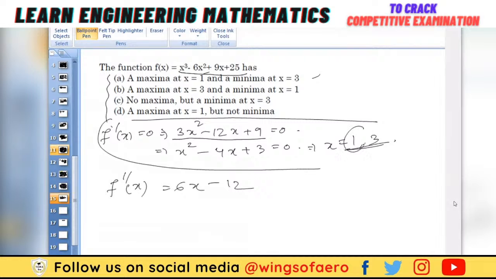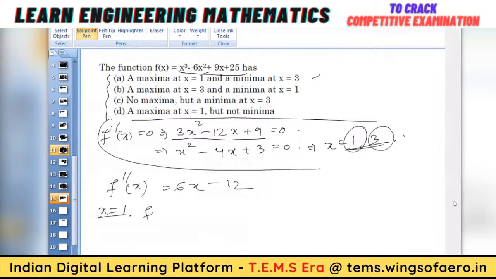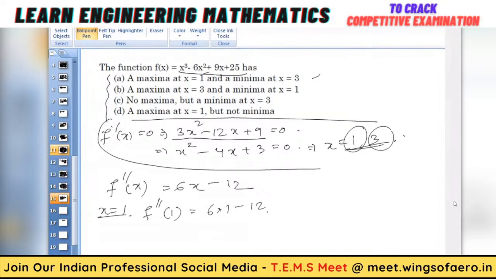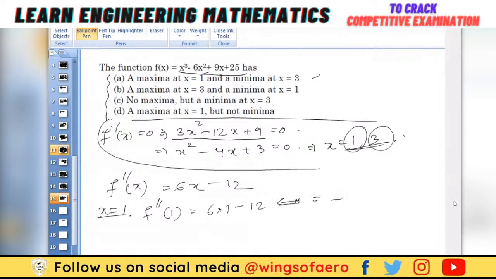Now put the values of x, 1 and 3. First we put x equal to 1. So f double dash 1 means 6 into 1 minus 12. What is it equal to? It is negative, less than 0, minus 6.